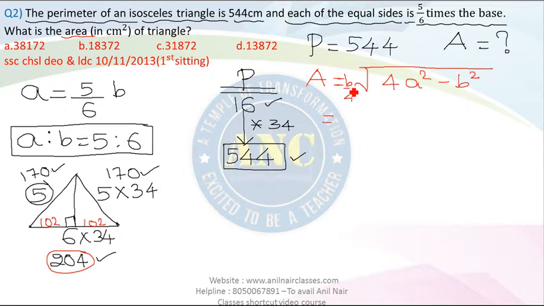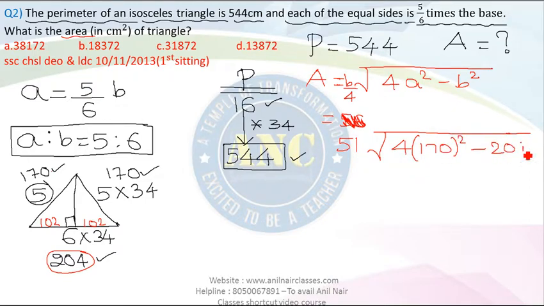B value is 204. 204 divided by 4, it is not 56, sir, it is 51 in fact. 204 divided by 4 is 51, into square root of 4 into a square. A value is how much? 170 whole square minus b square. B value is 204 whole square.